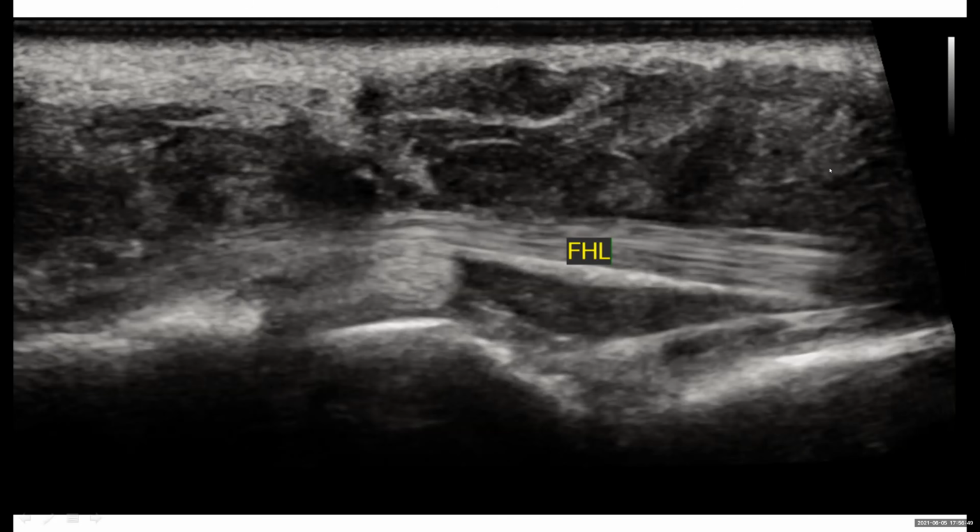Can it be a Morton's neuroma? No, see the size of the lesion. It is longitudinally oriented along the tendon. Can it be a giant cell lesion of the tendon? Yeah. It was a GCT of the tendon sheath. Okay, I'm going to the next case, ma'am.